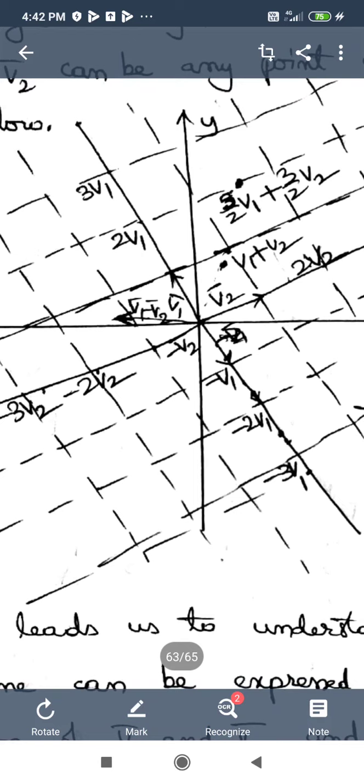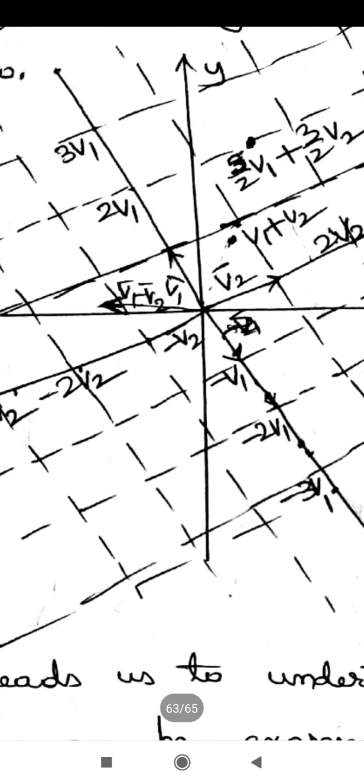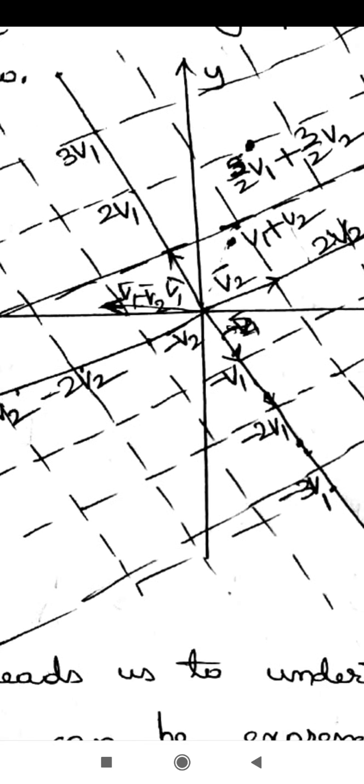From origin to that point, it gives the vector v1 plus v2, because v1 is on the left side, v2 is on the right side, and the vector that goes from the origin to that point, which is in between these two vectors, not exactly in the middle, but in between the vectors v1 and v2, represents the vector v1 plus v2. And above there is one more point.